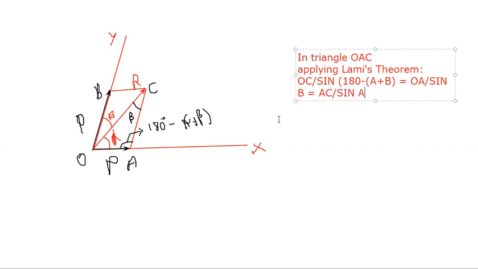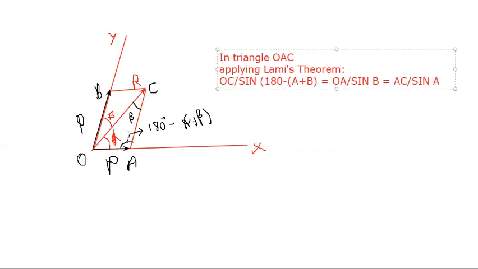So what I have done, I have taken the opposite sides and divided them by the sine of the opposite angles. This OA divided by sine beta will be equal to OC divided by sine of angle 180 degree minus alpha plus beta, and that will be equal to AC divided by sine of its opposite angle alpha. Have you got Lami's theorem?